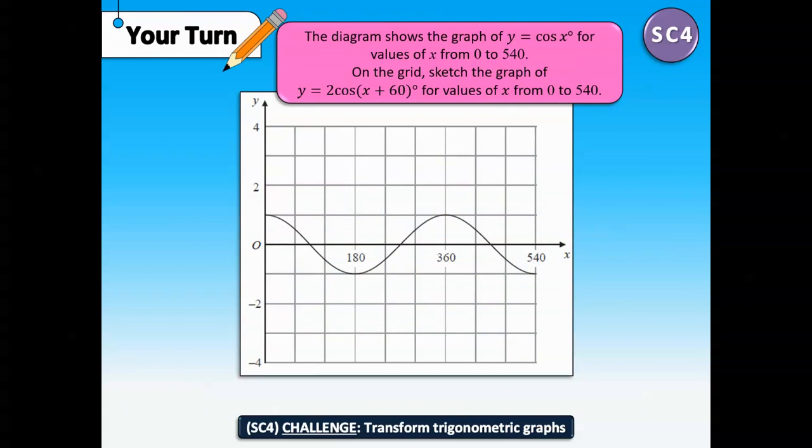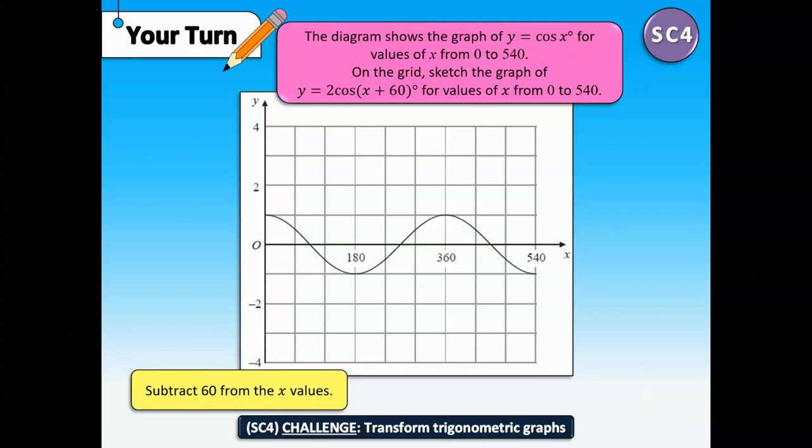Here's a question for you to have a go at. Pause the video, and when you're ready to see what you should have done, press play. So this time, we want to sketch the graph of y equals 2 cos (x plus 60).